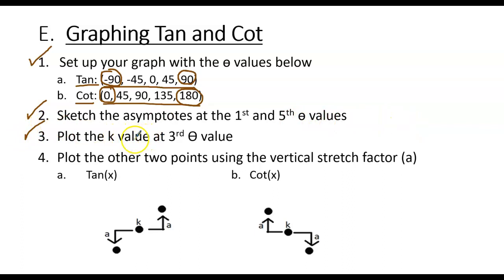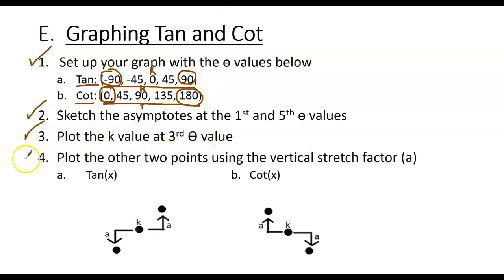Step 3, plot your K value in the middle. So for cotangent, the K goes here. And for tangent, the K goes there. And for cotangent, the K goes at the 90-degree angle, or you could say pi over 2 if you wanted to do radians. So plot the K value at the third theta value.